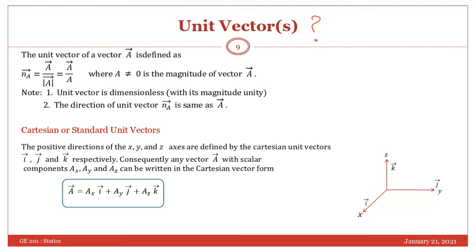If I make a figure, for example, if this is vector A, then in the same direction, this is another vector, which I can call vector nA. So this vector nA and this vector A both are acting in the same direction, but the magnitude of this vector is unity.